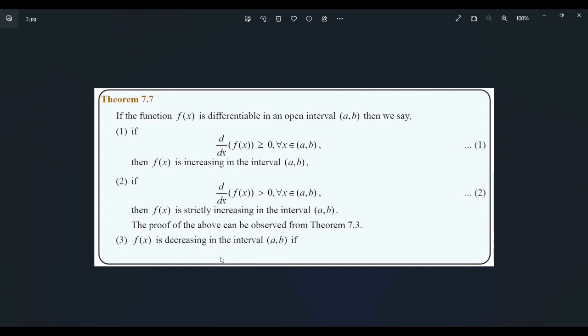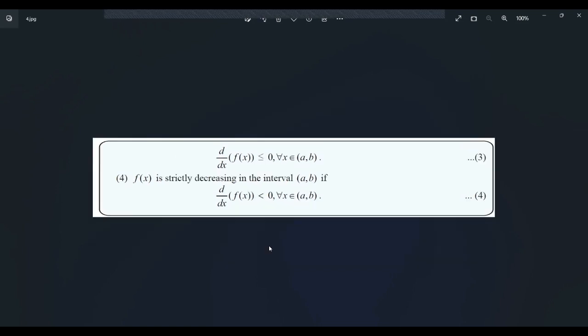So moving on, f of x is decreasing in the interval a comma b if d by dx f of x is less than or equal to 0 for all x in the interval a comma b.